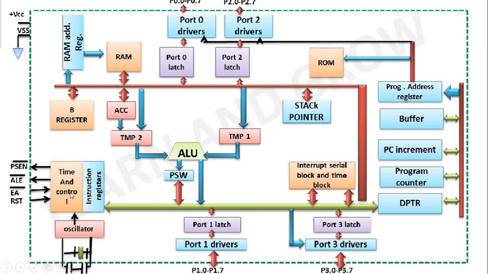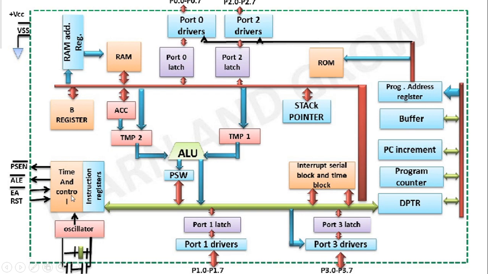And this timer and control unit is actually used for controlling the timing and counting activity of our microcontroller based system. An oscillator circuit is available here which provides the clock pulses required for synchronizing the activity of the system.